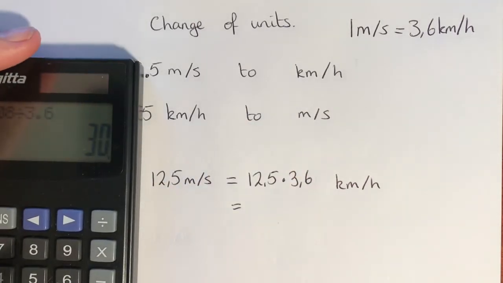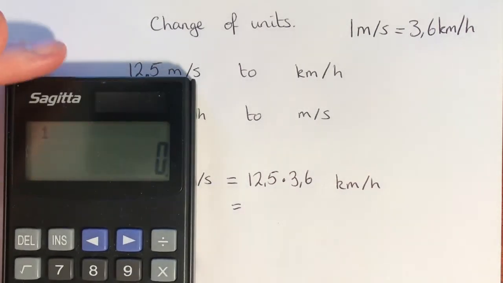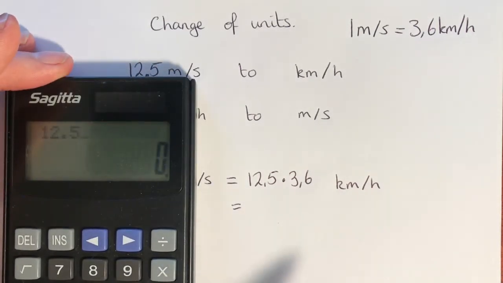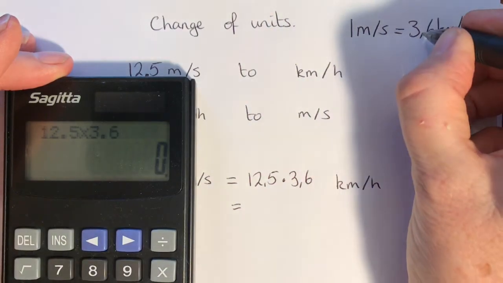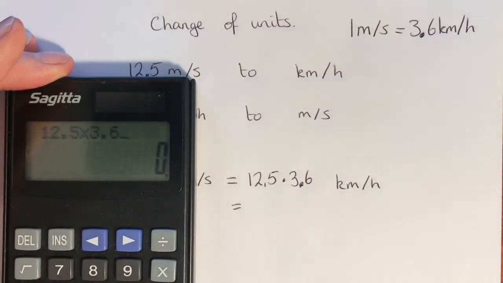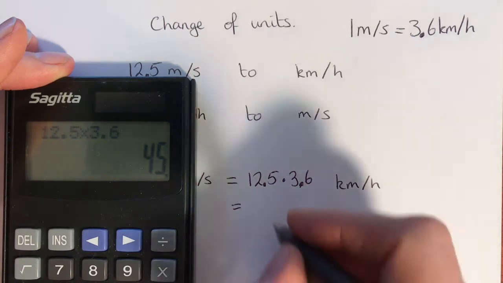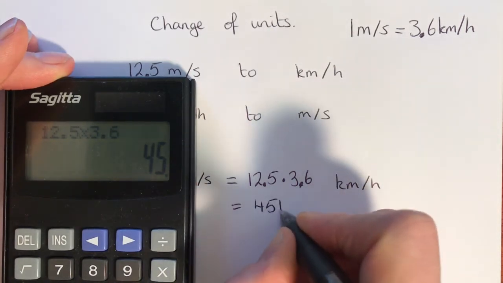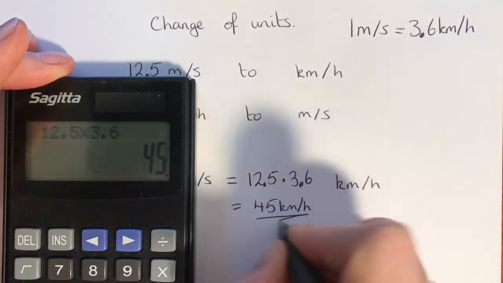So if we look here, 12.5 multiplied by 3.6. Oh, sorry, I'm trying to write full stops here instead. 12.5 multiplied by 3.6 equals 45 kilometers per hour.